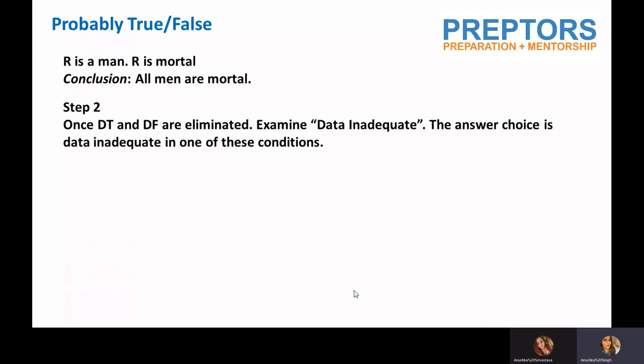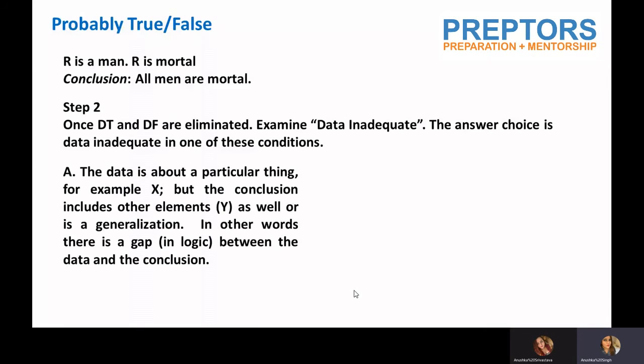So once DT and DF are eliminated, I will examine for data inadequate. The answer choice will be data inadequate in one of these conditions. Now let us see what these conditions are. The data is about a particular thing, for example, X. So the data is about X and your conclusion includes other elements as well. When I say it includes other elements as well, it means it's about X, Y, or it is basically a generalization.